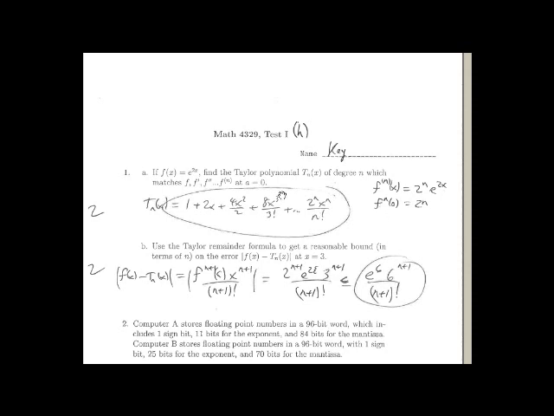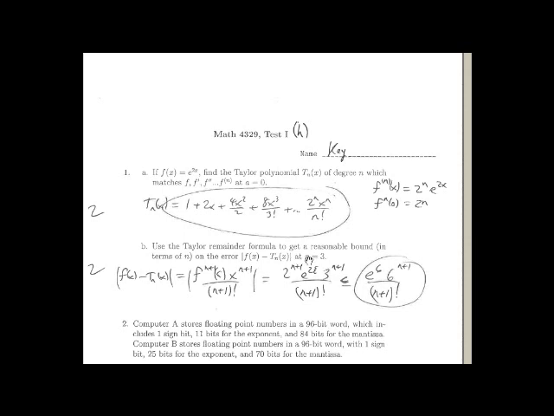And at a equals 0, the e to the 2a is 1, so it's just 2 to the n. So 2, 4, 8, up through 2 to the n. That's f of 0 is 1, f prime of 0 is 2, f double prime is 4, f triple prime is 8, and so forth.